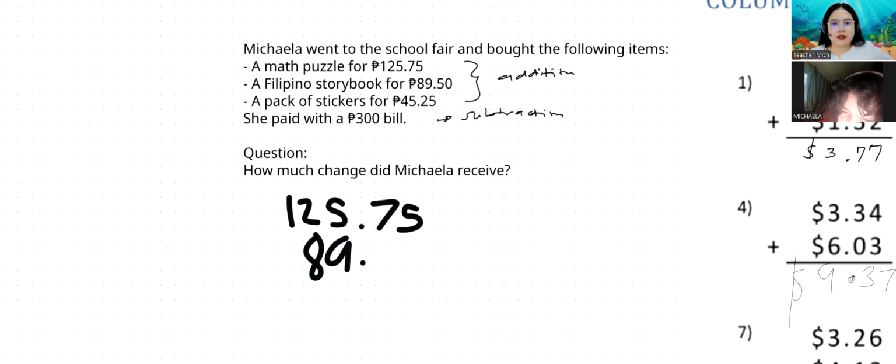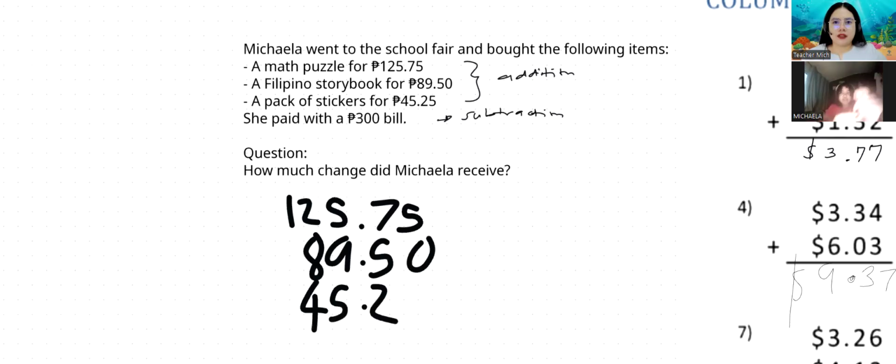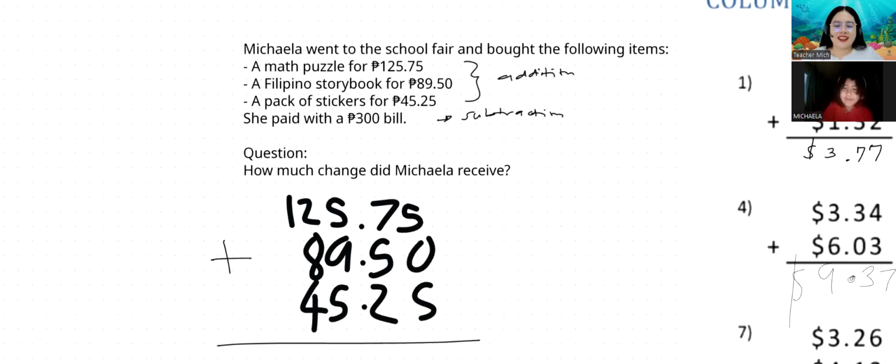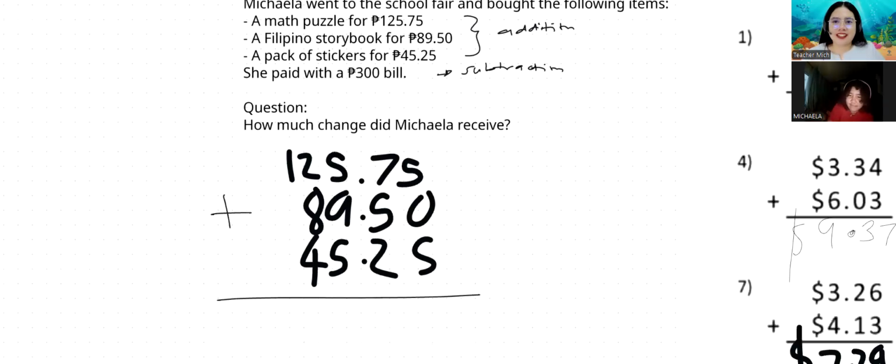Okay, very good. And then, my teacher said, if we don't align the numbers, we will get confused. Okay, how about this one, anak? Your teacher said we have to align the like numbers.